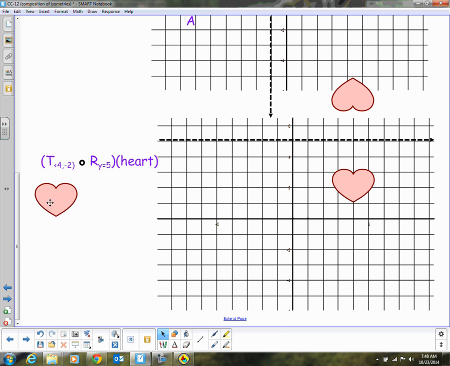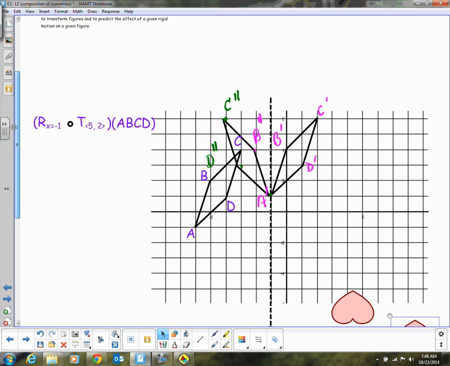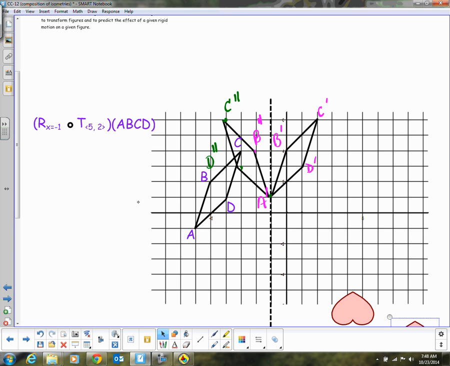So I'm going to take this and move it 1, 2, 3, 4 to the right and 2 down. That would be my new figure. Are you with me on what we're doing? This is a composition. We do this first, we do that second. I want the coordinates. Give me the coordinates of the final figure.